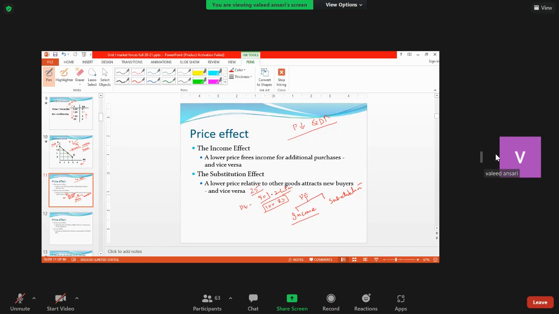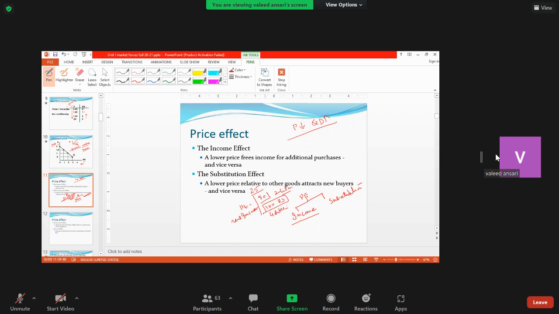Now, you see that if the price has fallen, it means that the real income of the consumer has gone up. With a lesser amount, the same quantity can be purchased, or more of that item can be purchased with the given budget of 100 rupees. Now 4 liters can be purchased.